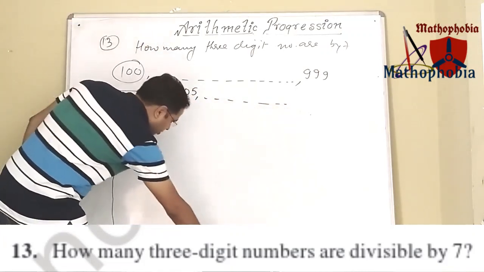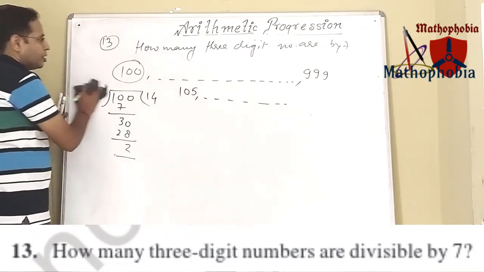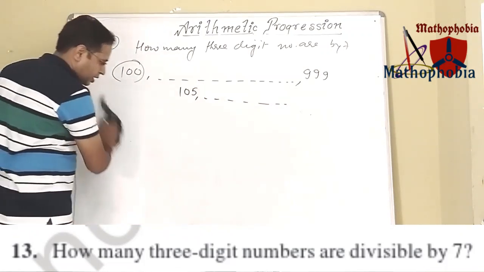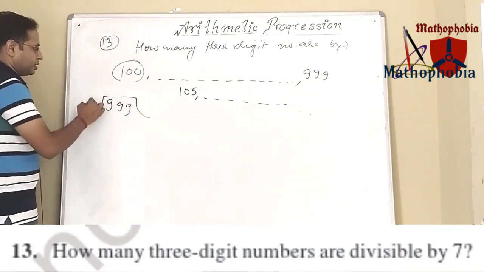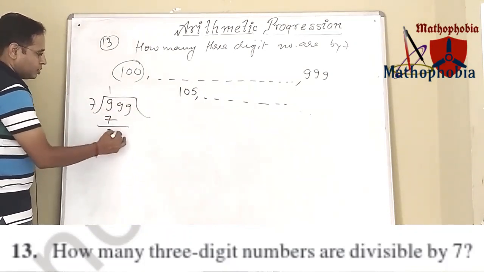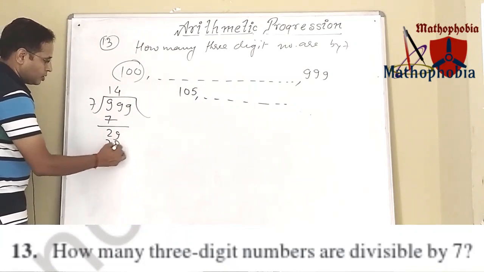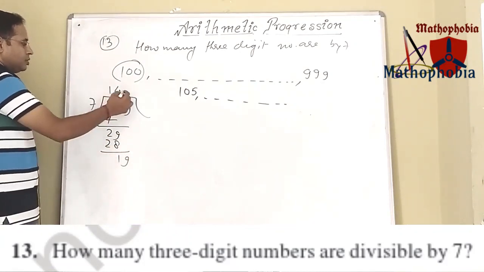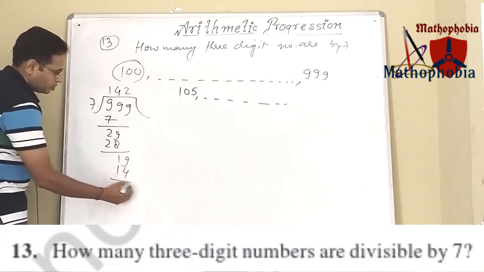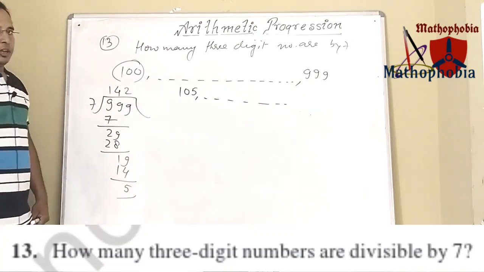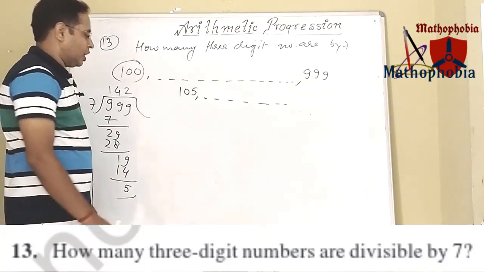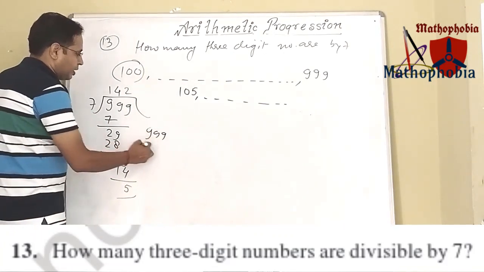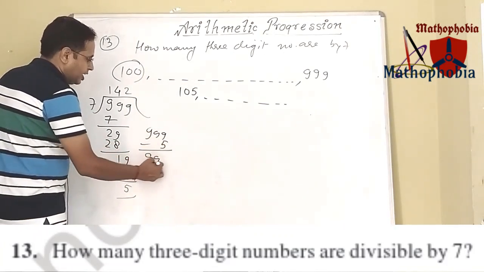In order to get the last number which is divisible by 7, we'll divide 999 by 7 and find out. So we divide 999 by 7. 7 1 is 7. So we are left with 5. So what we'll do? We'll subtract 5 from 999. If we subtract 5 from 999, we'll get 994.